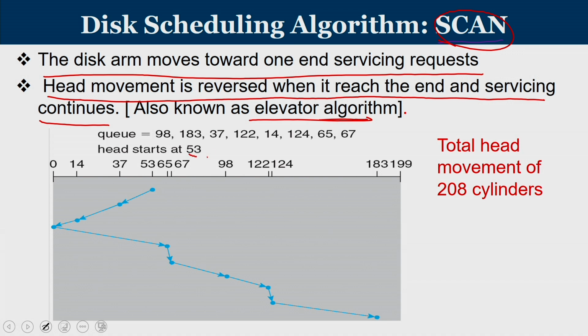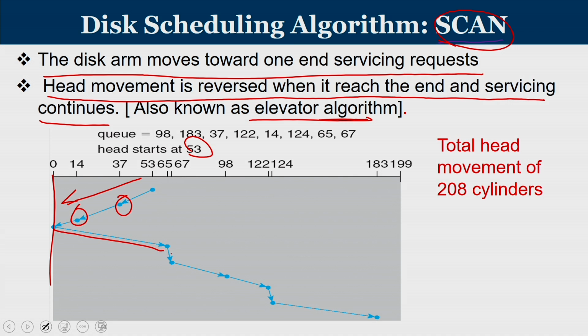So, the head is at 53, let us imagine that from 53 I am moving towards the innermost tracks, that is going towards lower cylinder numbers. So, from 53 I start servicing in this direction. In the meantime, service 37, service 14, with that we are done, but the head will move and hit this end, and then it takes a reverse direction. When it takes the reverse direction, there is nobody from 0 all the way to 53 to be serviced, because everything between 0 and 53 is already serviced.